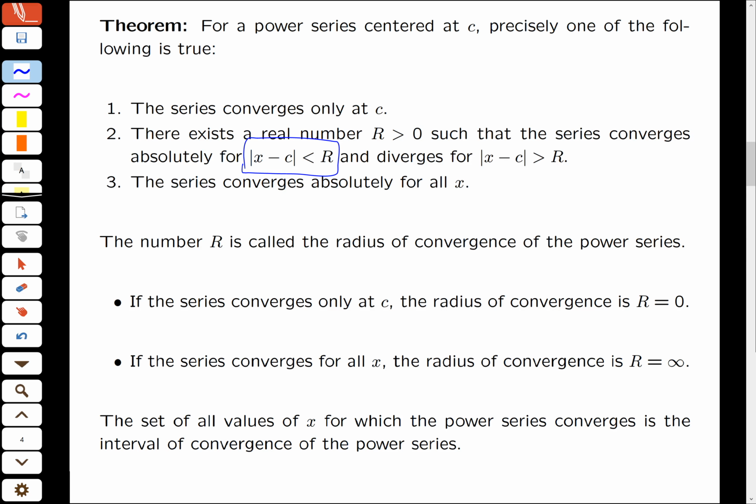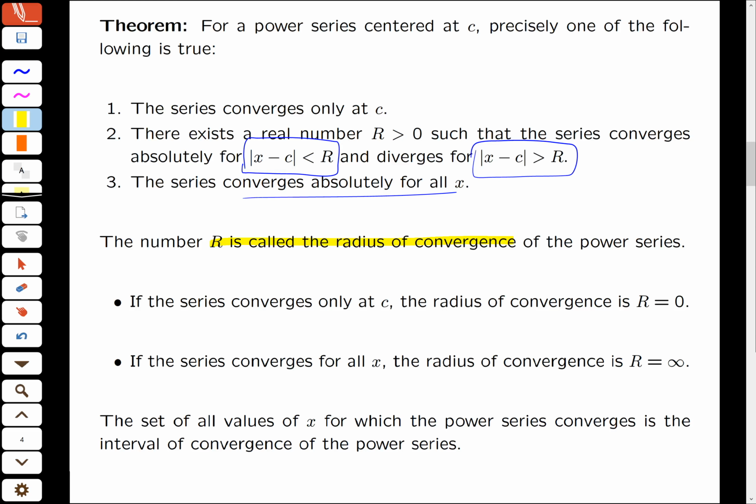Or it diverges, and it diverges when |x minus c| is bigger than r. And then it could converge absolutely for all x. It doesn't matter what you plug in, it can converge absolutely for all x. The number r is what we're going to call our radius of convergence for the power series. So when it says find your radius of convergence, you're looking for that number r.